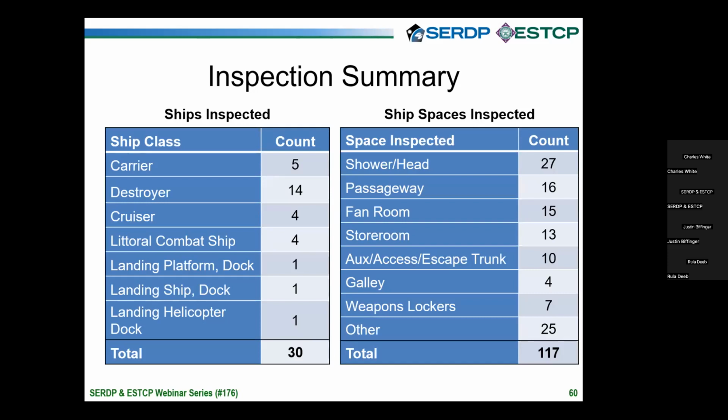Across the ship, we surveyed a total of 117 spaces, including habitable areas, equipment rooms such as fan rooms, storerooms, escape trunks, and auxiliary access areas, galleys, cooking areas, or storage areas such as weapons lockers and other spaces on the ship. This really gave us an idea of how fungus is growing across the ship and the prevalence of the areas where fungus can be seen and documented.